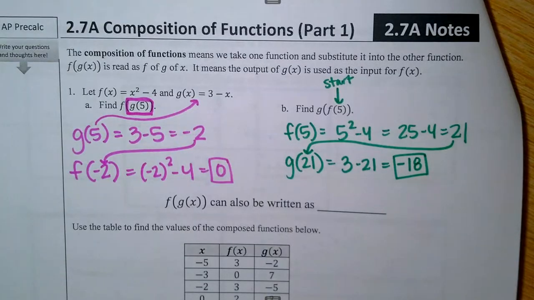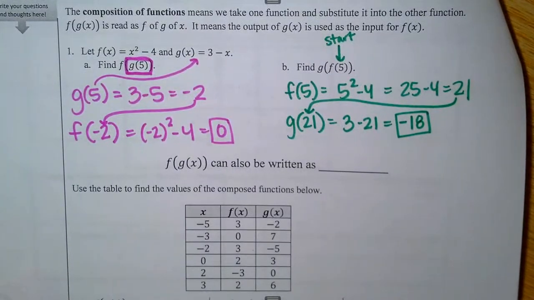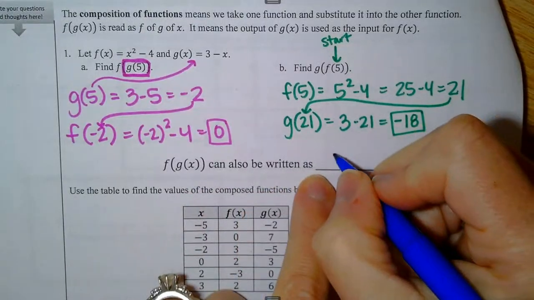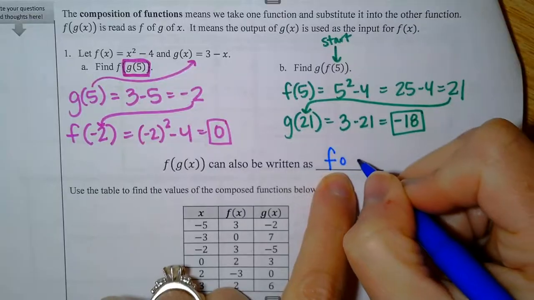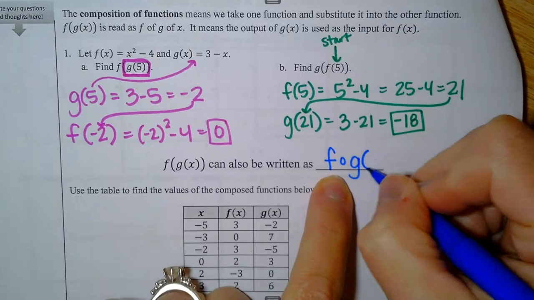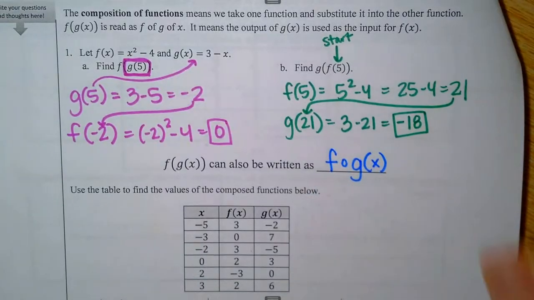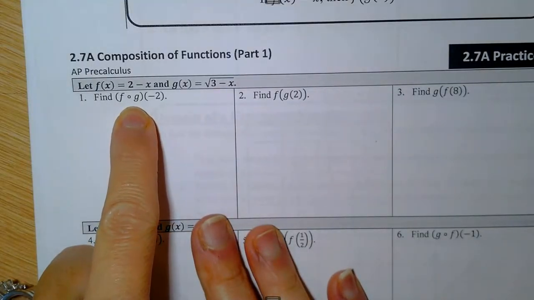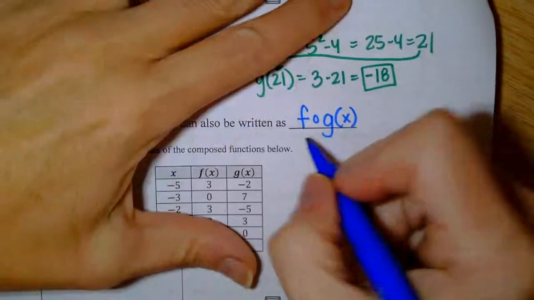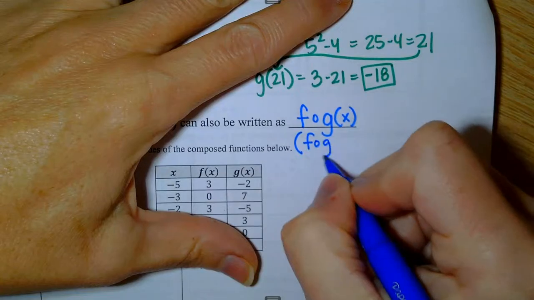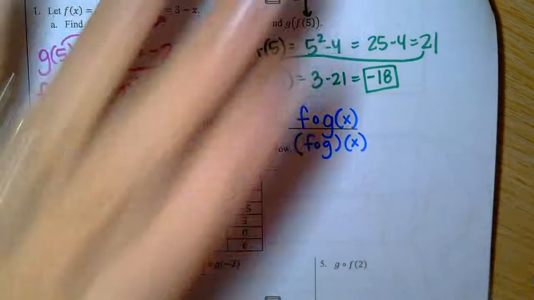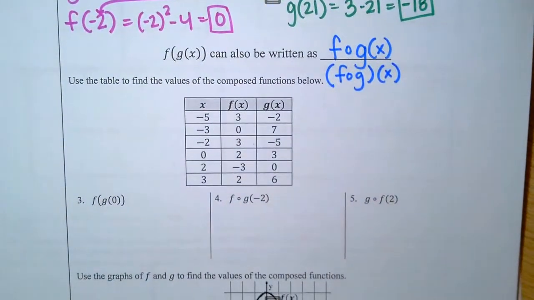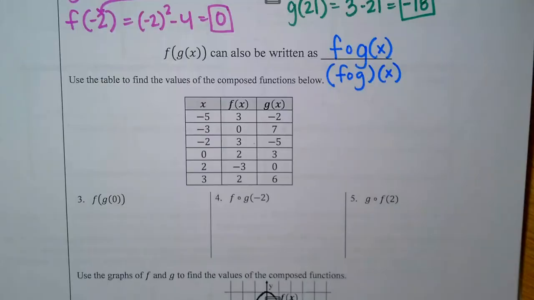Like you saw in the newest FRQ, another way this can be written is F with a little O and G, like F of G. Or if you look at number 1, they put the F circle G in parentheses, and then they put the X. Why did they change it?